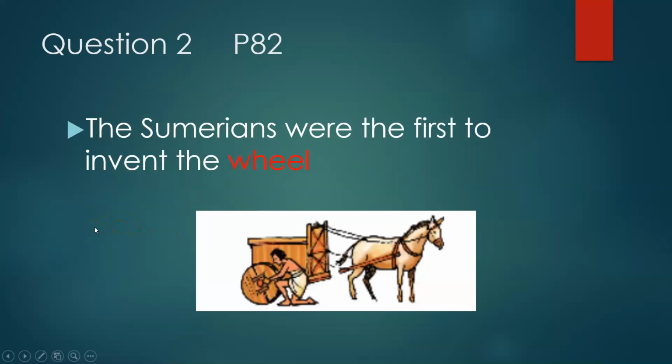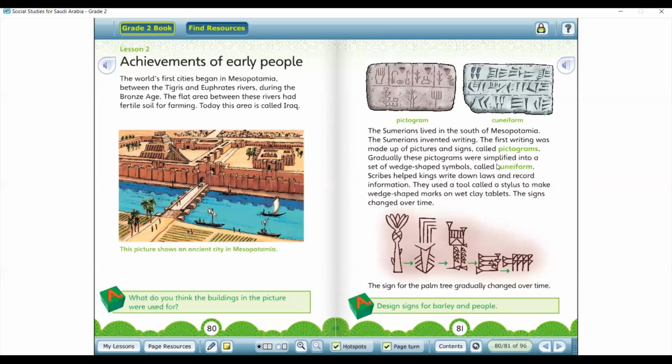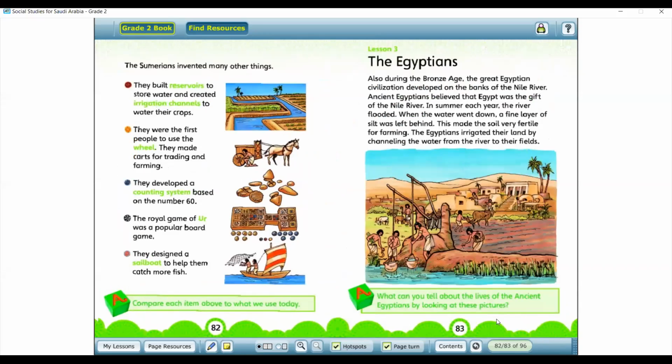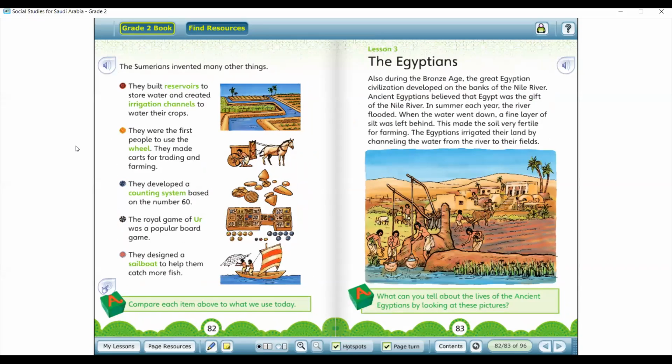The Sumerians were the first to invent the wheel. Actually, that is on page 82 to be more specific. There it is. They were the first people to use the wheel. So it's not on page 81, but on page 82.